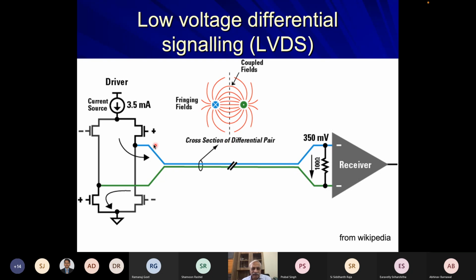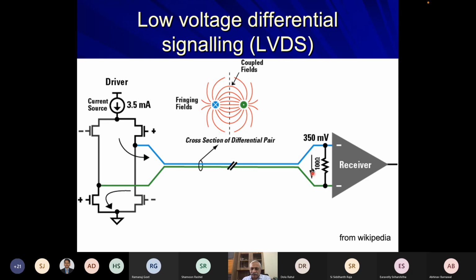In a differential case, you have two wires. Typically, they are carrying voltages which are opposite of each other. If you have plus voltage on one wire, the other one is carrying equal minus voltage and vice versa. Now if there is an interference, if a noise voltage gets induced, the same will get induced on both wires, right?